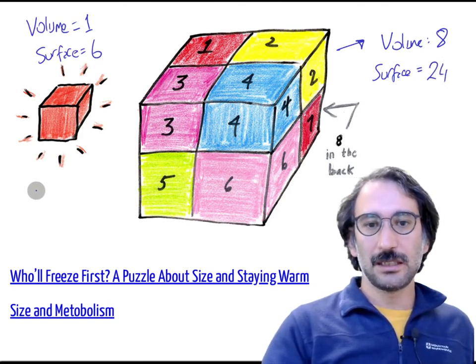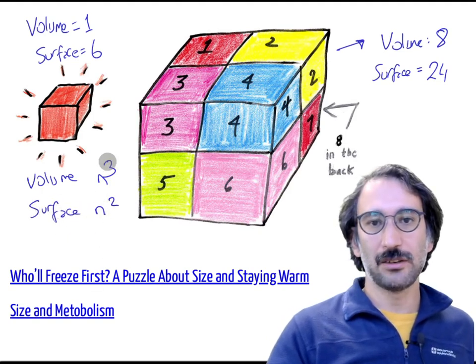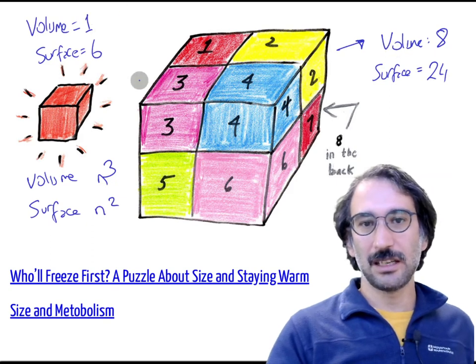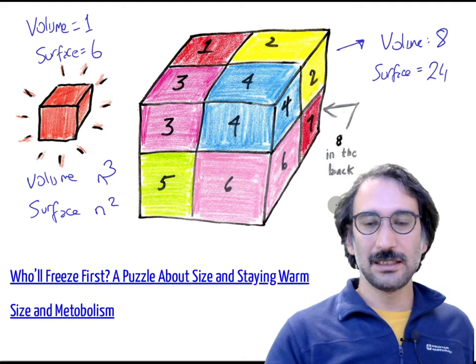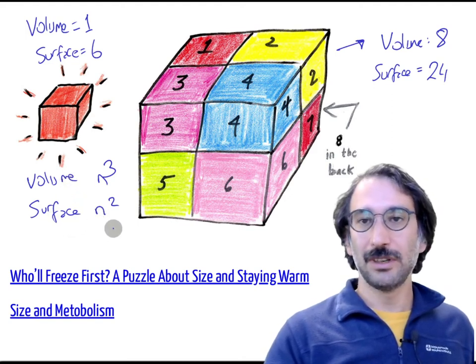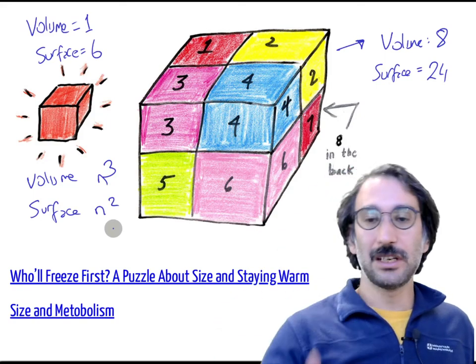So basically volume, as you expect, increased by the cube, and the surface increased by the square. One of them increased 8 times, the other increased 4 times. So actually this is the squares-cubes law, and it has many implications in different aspects of engineering.